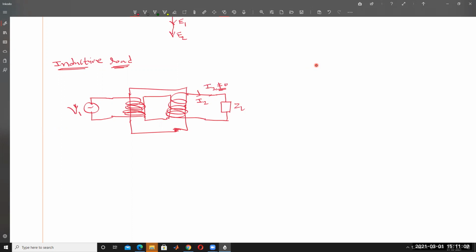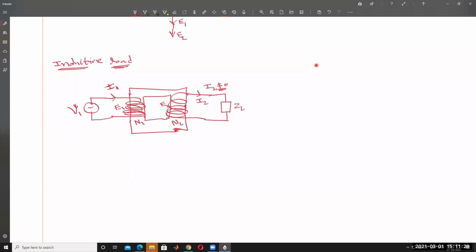Because of that, the primary current I1 is developed in the transformer. This is called E1, and the EMF induced in the secondary winding is E2, with N1 the number of turns in the primary winding and N2 the number of turns in the secondary winding. So like this is the transformer.